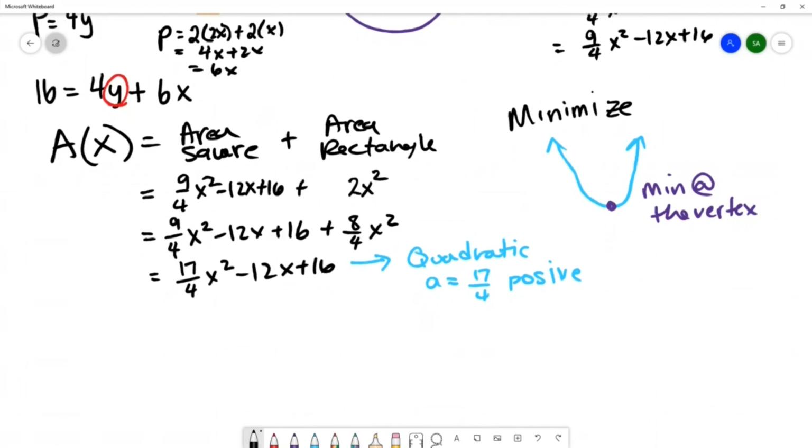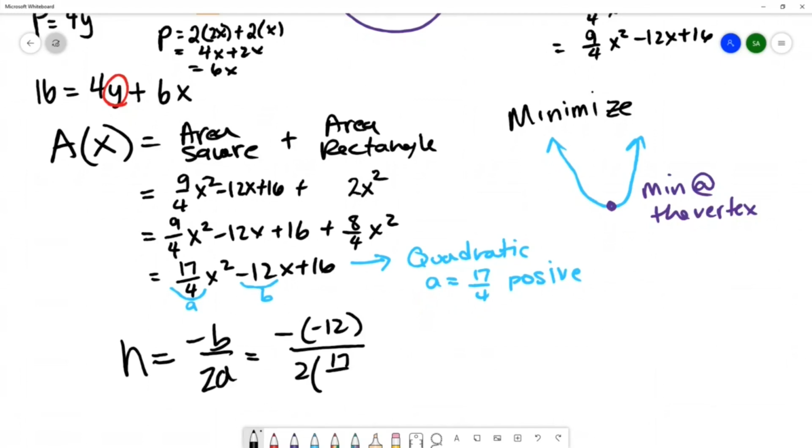We have a formula for the vertex. The x-coordinate of the vertex, h, is -b/2a. So this is our value of a, and this is our value of b. We'll do -(-12) over 2 times 17/4. This is 12 over 34/4.